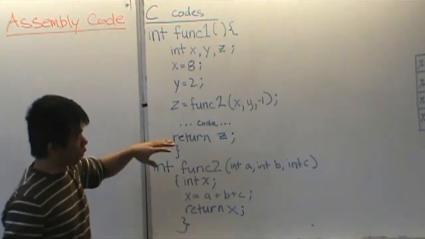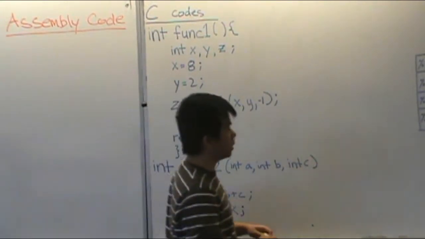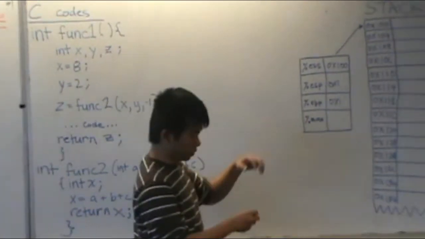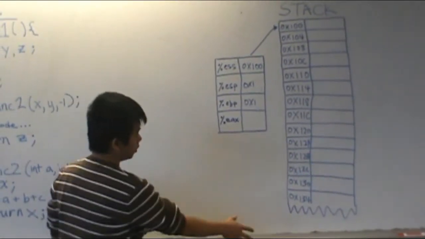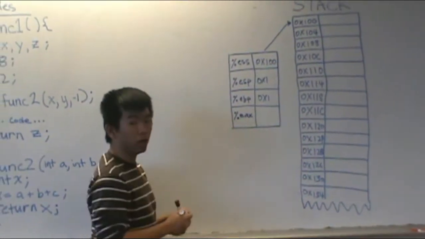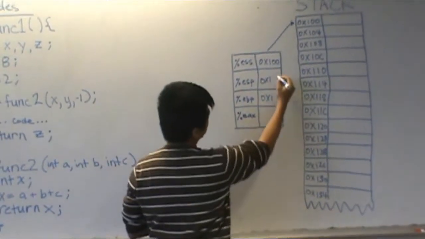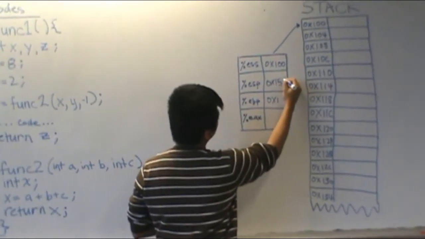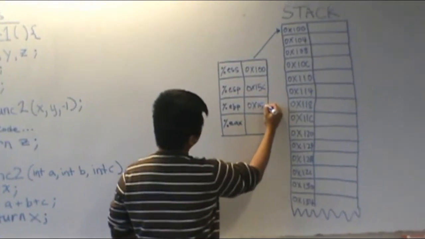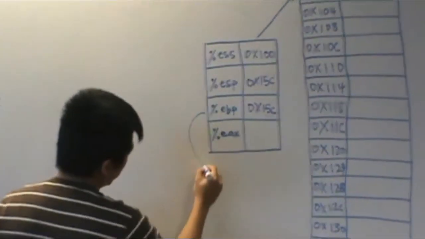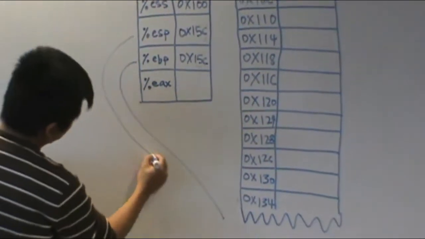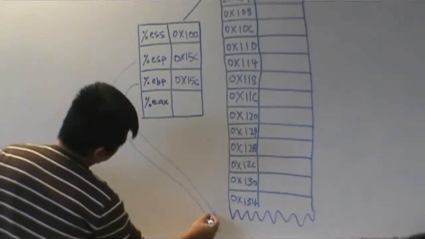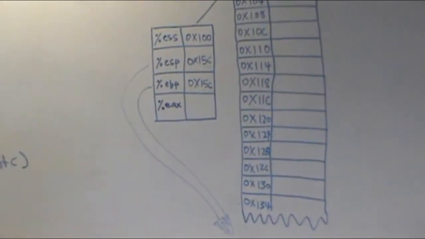So what we're going to assume is that the EBP and the ESP will be at a higher stack address value. So let's just say 15C. Basically they're pointing to that value down there, before we do function 1.